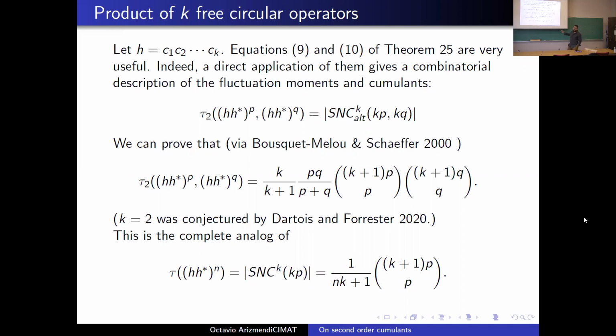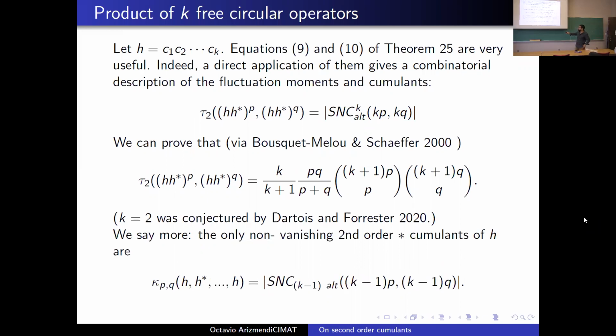Yes. So people are typically interested in these fluctuation moments, because this is actually a self-adjoint element. But actually we can calculate not only this, but all the joint moments or the joint cumulants of this guy, which is not self-adjoint, which is saying much more, saying what the star moments are. What I'm saying is that the only non-vanishing second-order star cumulants are exactly these ones.